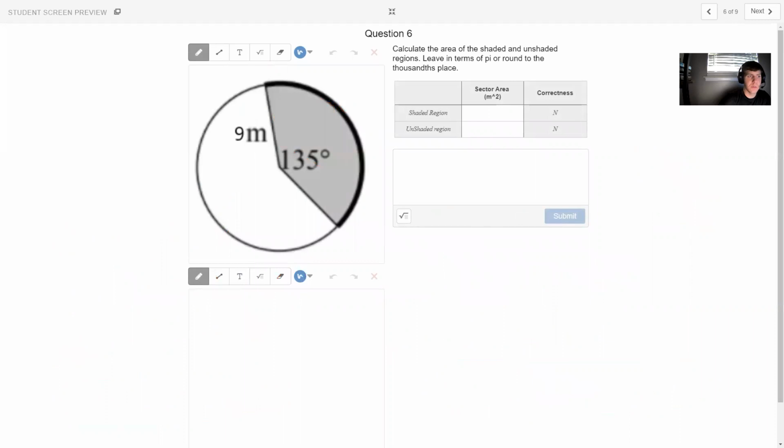Number 6 has to do with finding the area of the shaded and the unshaded region. So the measure of the arc on the shaded region is 135 degrees. So sector area is equal to x over 360 times pi r squared.